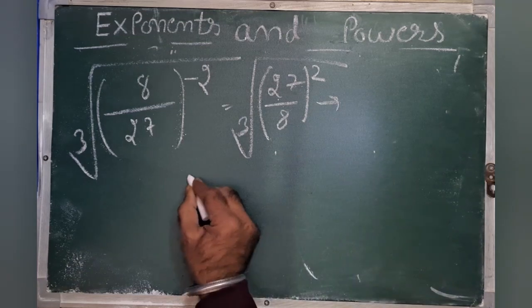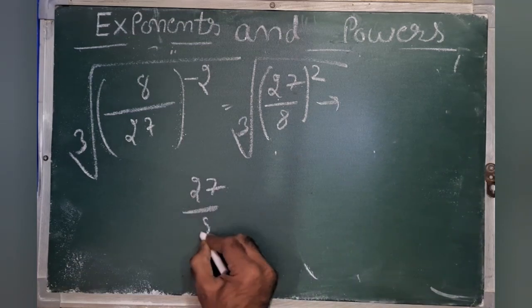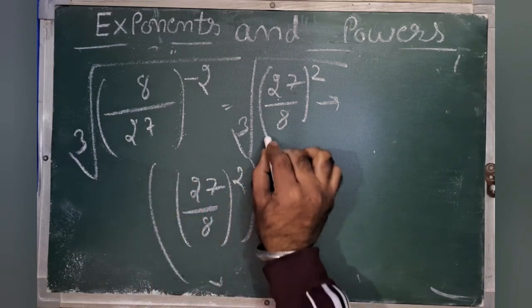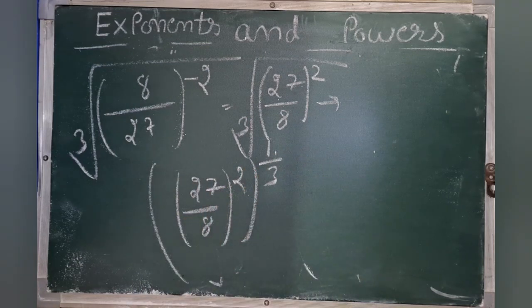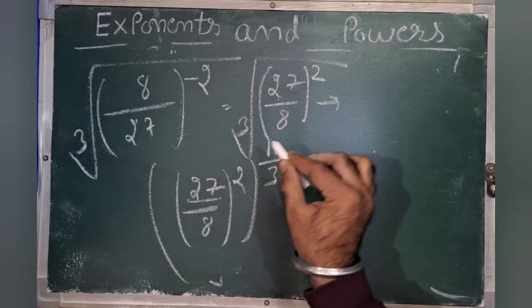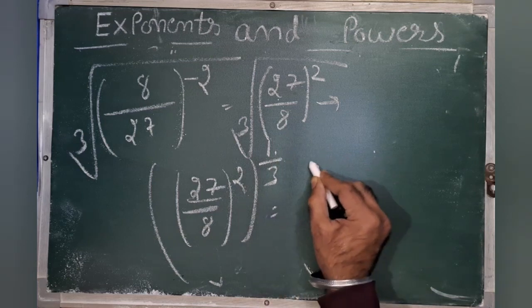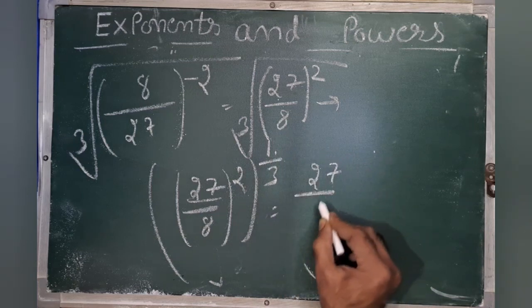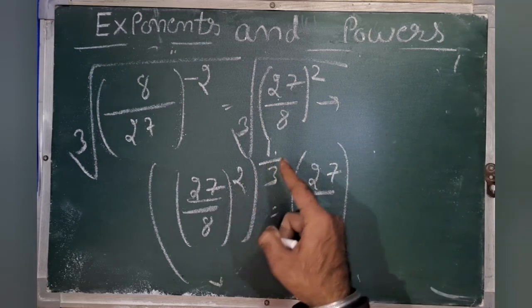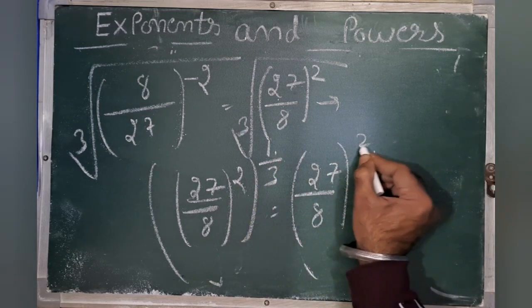Here we can write (27 upon 8) power 2, then whole power 1 by 3. Right? So this is (a^m)^n. That means 27 upon 8 whole power 2 multiply 1 by 3, that means 2 by 3.